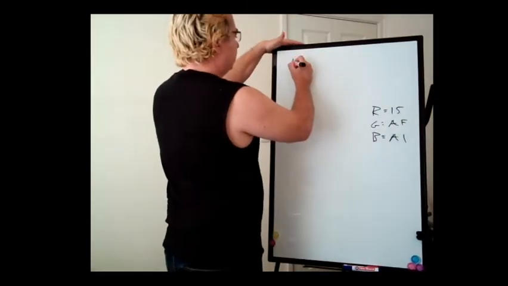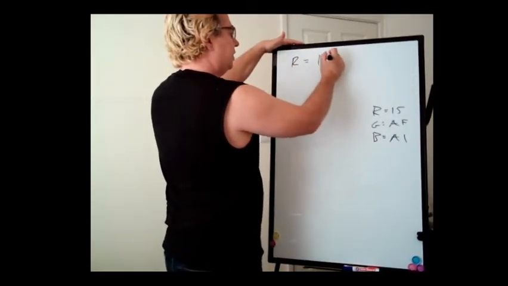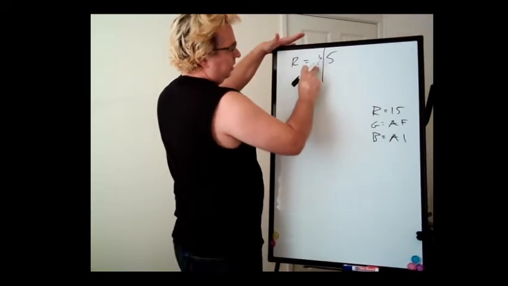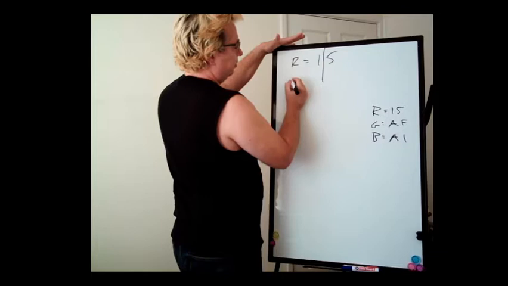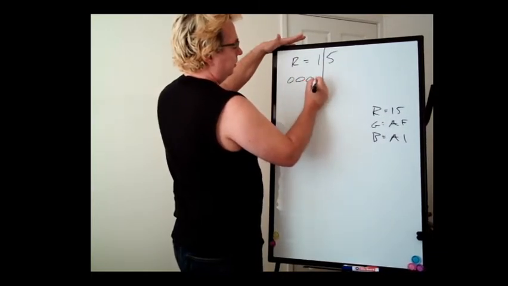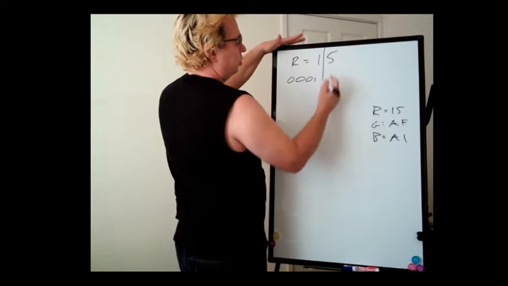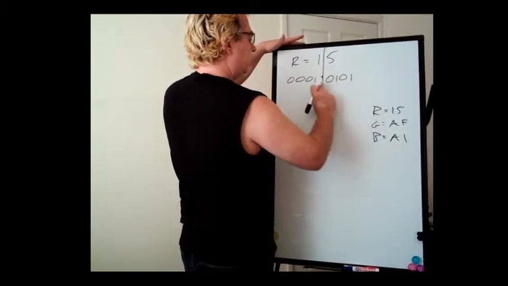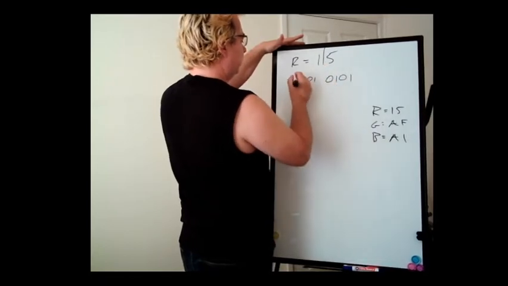So red equals 15. So I split that and I do the nibble for 1. Then I do the one for 5. Then I get that out of the way.